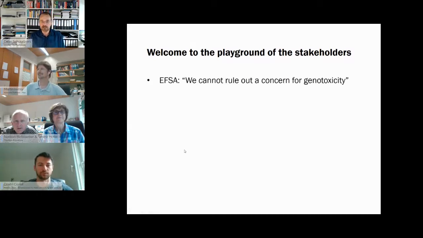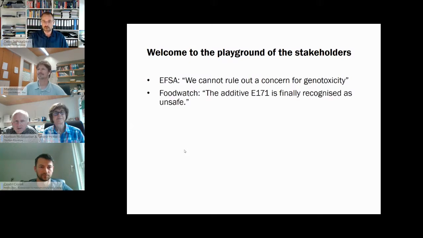By way of introduction, the little clip that I showed you makes three points. First of all, EFSA says we cannot rule out the concern for genotoxicity, so we cannot assume that titanium dioxide E171 is safe. Foodwatch, who has been fighting this for years, along with several other NGOs, says finally EFSA recognizes that E171 is unsafe.